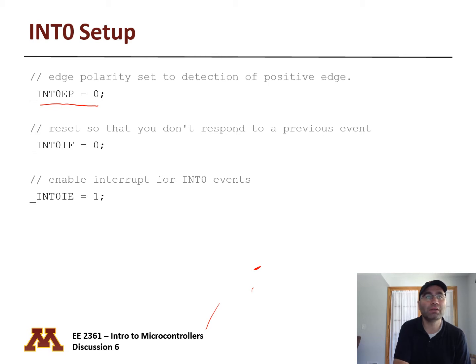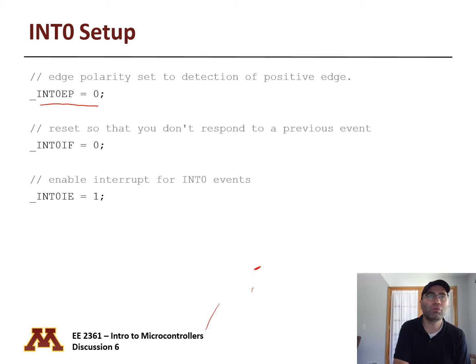Again, this is the int0 flag. We had the timer flag in the previous slide, which is raised when the timer overflows. This is a different flag. The int0 IF flag will be raised when an edge is detected, right?